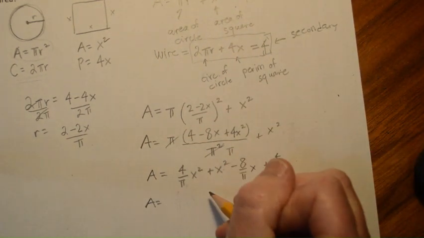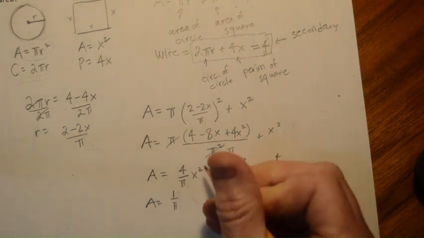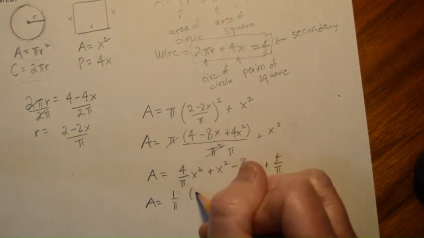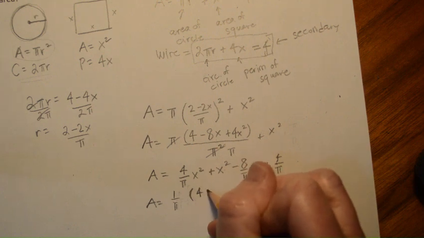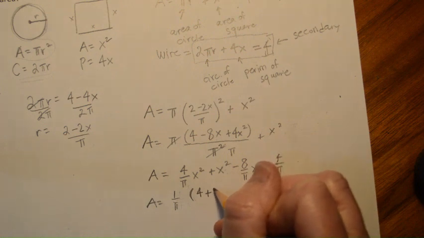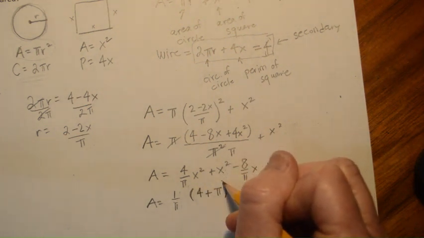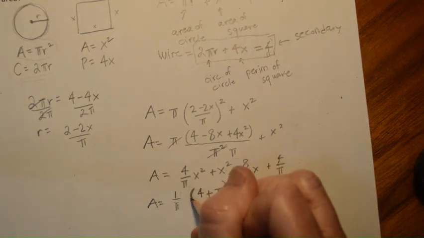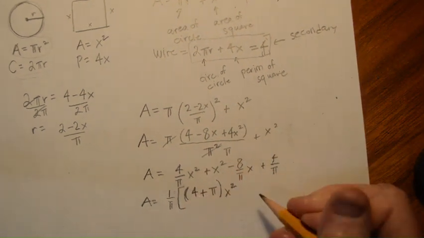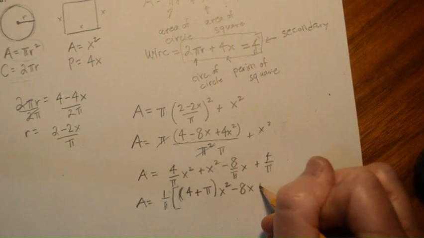I'm going to factor out a 1 over pi. So it's going to be 4 plus, when I factor pi out of here, if I'm going to divide x squared by 1 over pi, it's going to end up giving me pi. And so I end up with 4 plus pi times x squared. That was a horrible description of that. Sorry.